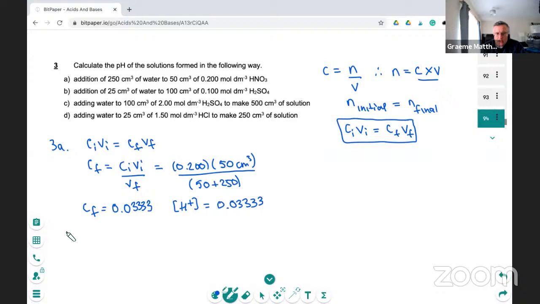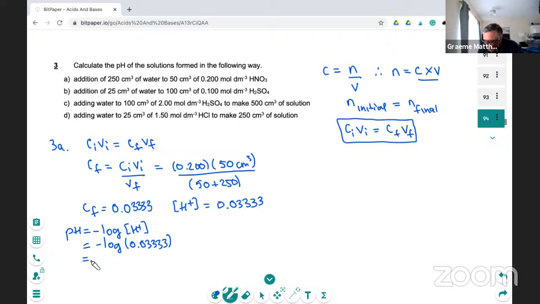Now, because it's a strong acid, nitric acid, the pH is minus the log of the hydrogen ion concentration, which is minus the log of 0.03333.